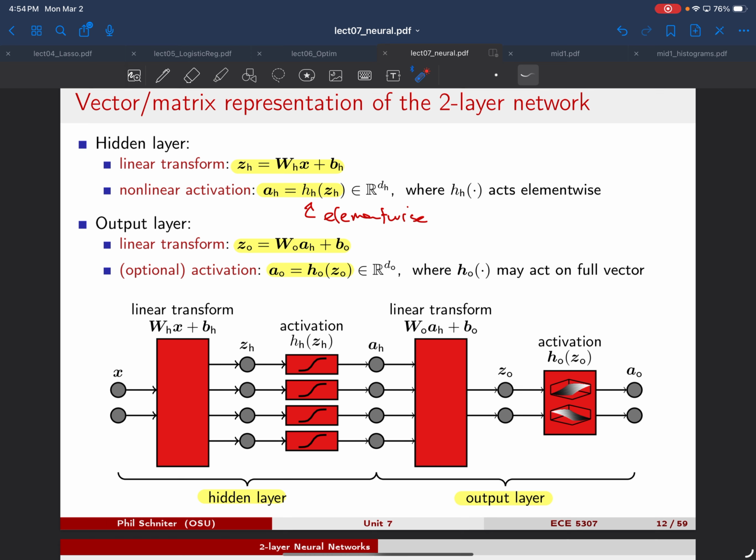Okay, and does our choice of activation function depend only on the number of layers or also on the data? So since we're focusing on two-layer networks here, you can choose any activation that is implemented in the software framework you're using. There's probably at least 20 different ones implemented.